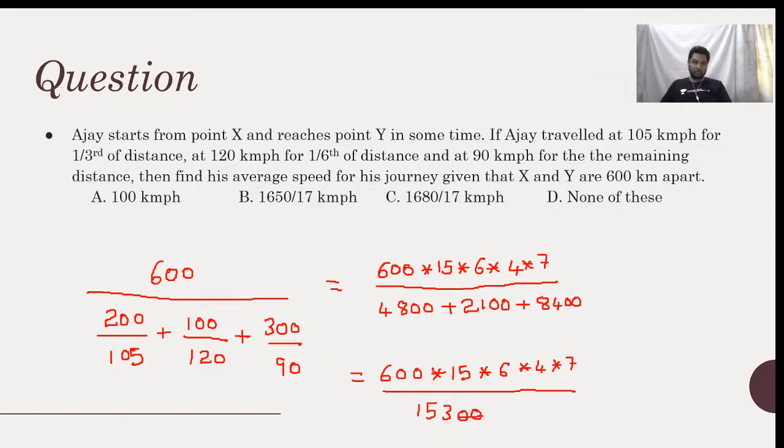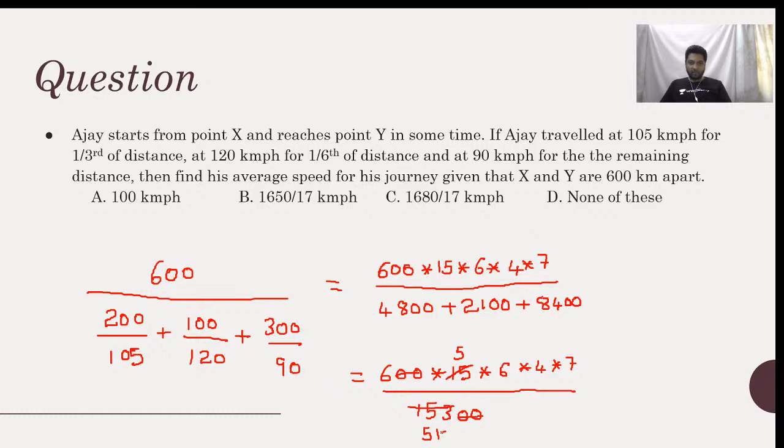Two zeros get cancelled. Next, 3, 5 times is 15. 3, 5 times is 3, 1, 51 times. This much.